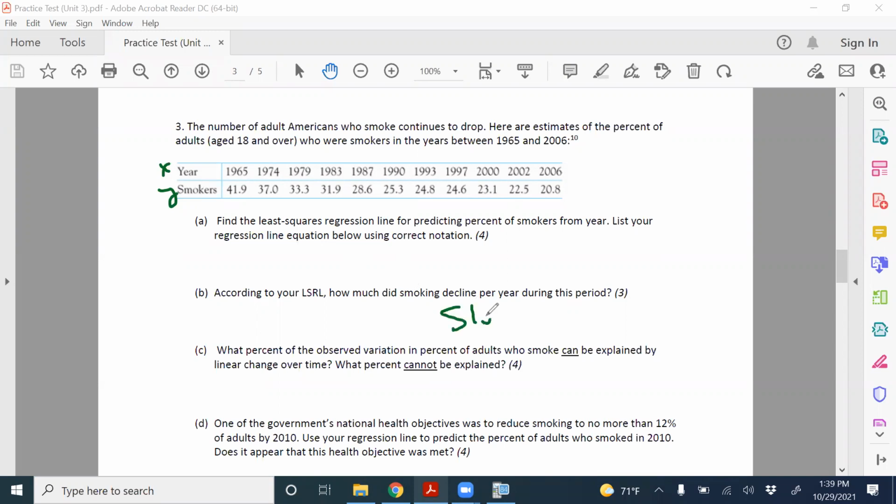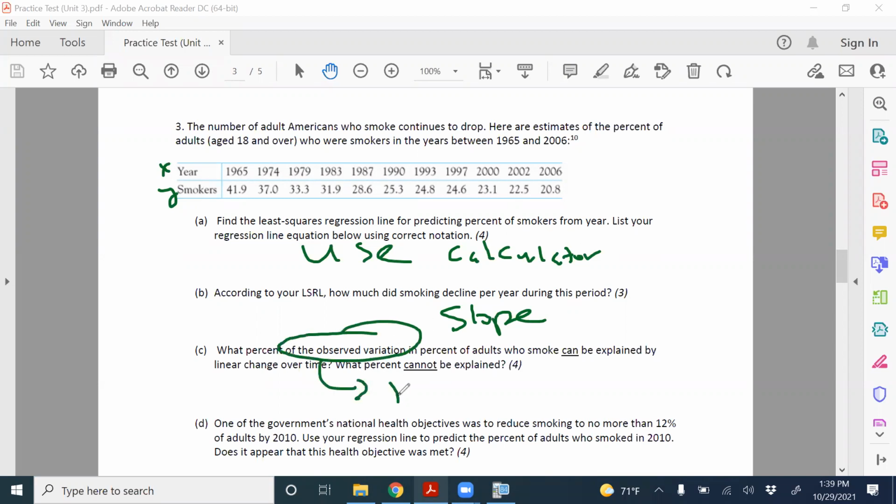That's gonna be the slope for part B. Here again, use the calculator. What percent of observed variation, percent of adults who smoke, can be explained? So when they ask for this, they want R squared. R squared will explain the variation.